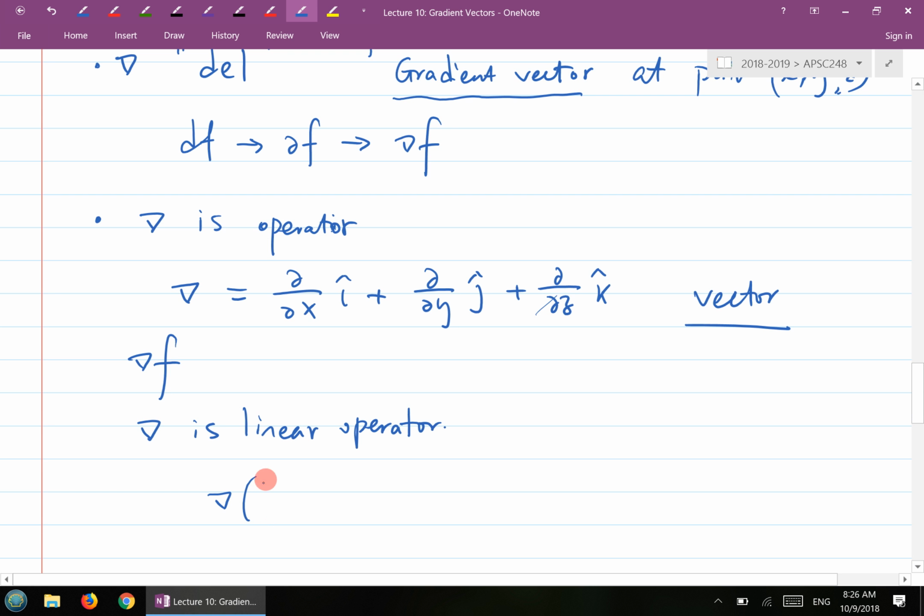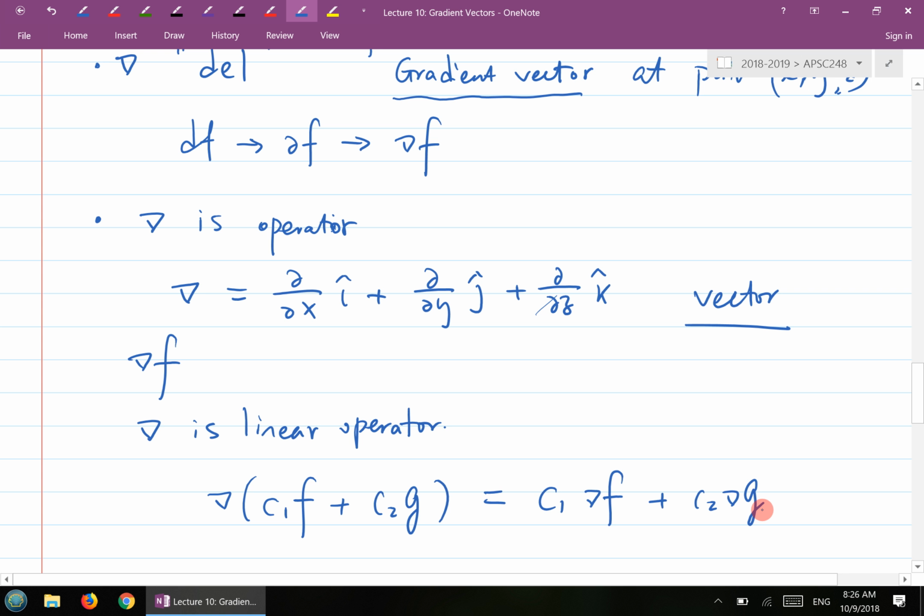So if I have, let's say, a constant c1 times a function f, plus a constant times another function g, and we apply this operator to this whole chunk right here, the superposition rule basically says this. That's what linear operator means.